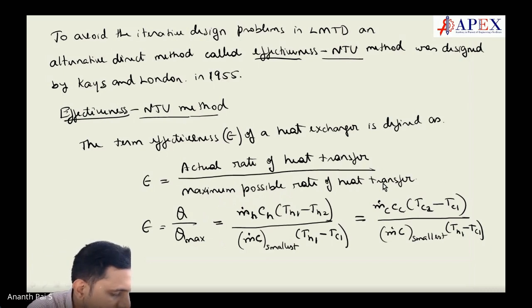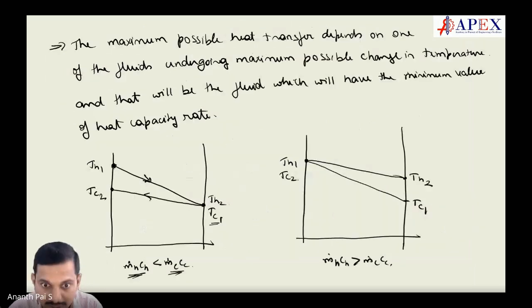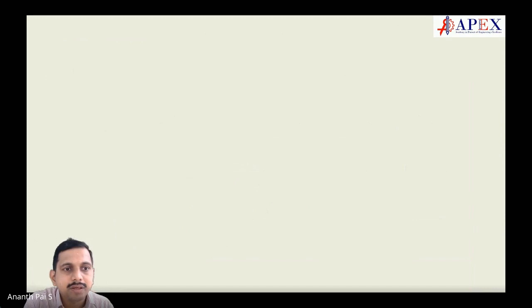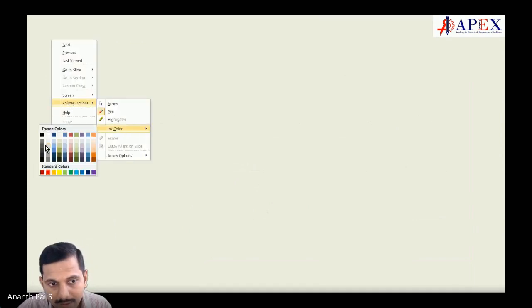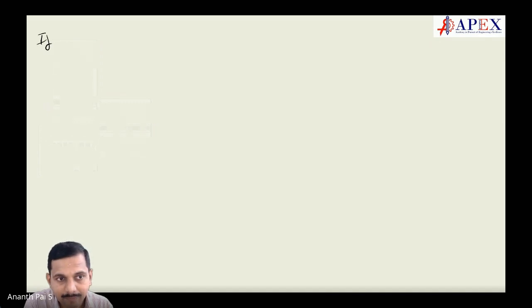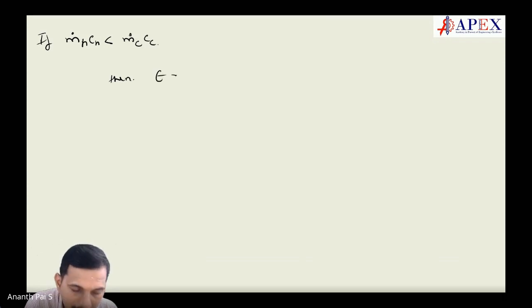Now, the first case was m dot H C H, the heat capacity of the hot fluid, being less than m dot C C C. If m dot H C H is less than m dot C C C, then effectiveness is equal to Q by Q max.